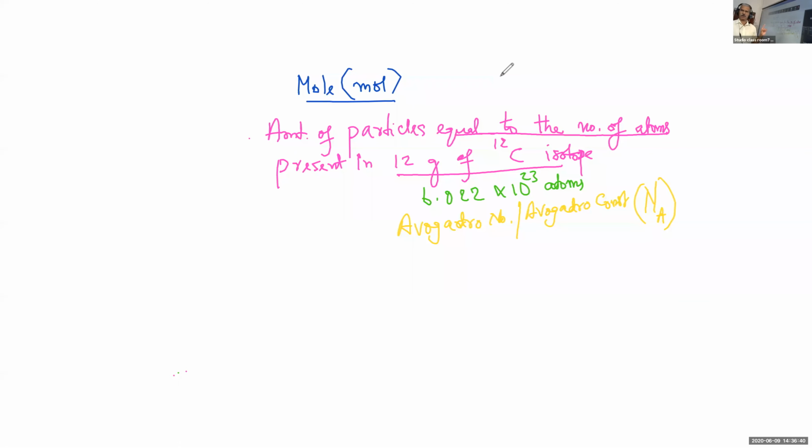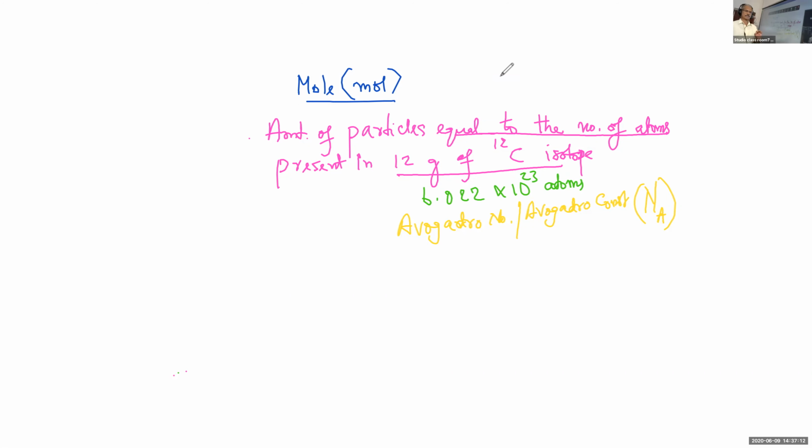So 1 mole of a substance is the amount of particles equal to the number of atoms present in 12 gram of carbon 12 isotope. In 12 gram of carbon 12 isotope, there are 6.022 into 10 raised to 23 atoms.